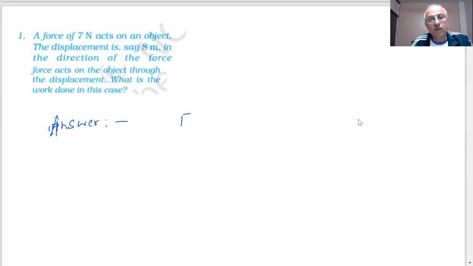What is the value of the force? 7 newtons. What is the value of the displacement, students? 8 meter in the direction of the force.